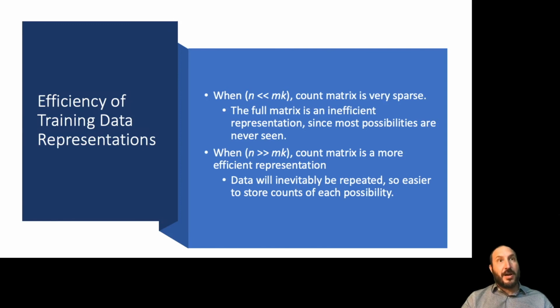That's what we saw in the Jupyter Notebook when we let the number of data points go to 10 million or 100 million, and there were only 125,000 or so possibilities. The count matrix is a more efficient representation. And interestingly, the final point is that the count matrix starts converging, after we normalize by the row sums, to the true probability matrix. That's something we're going to talk about in the next lecture.